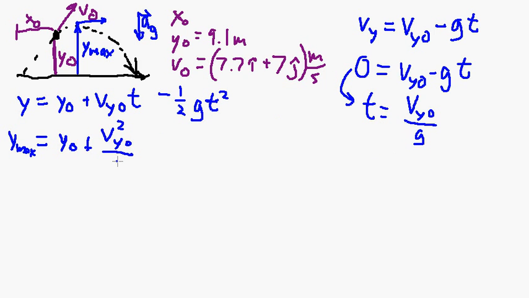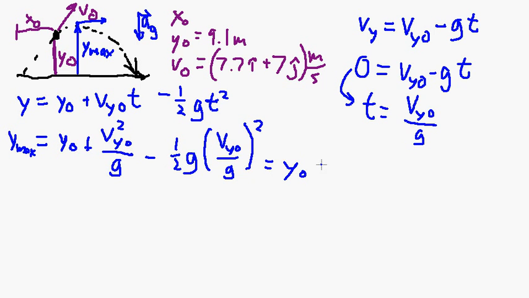That's vy naught times vy naught over g, and then minus 1/2 g times vy naught over g, and then we square that. So really everything inside gets squared. And what happens then is you get y naught plus vy naught squared over g, and then you have this g squared down here, and that cancels with one g here.